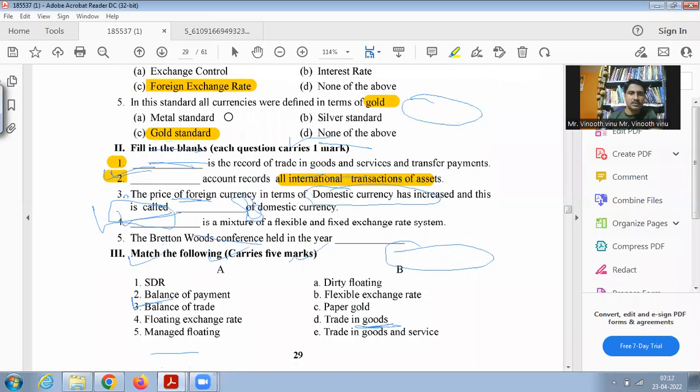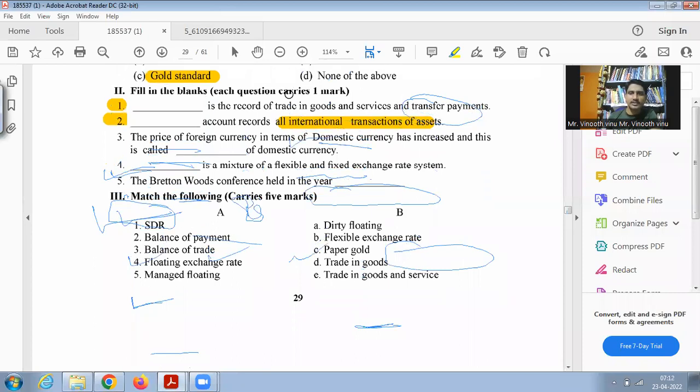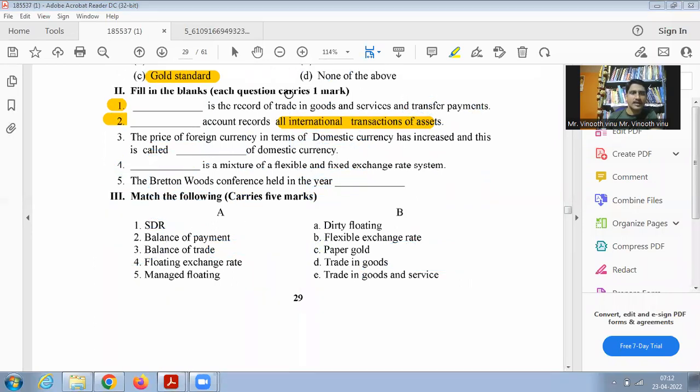Next, dash is the systematic record of goods and services and transfer payments. Balance of payment.